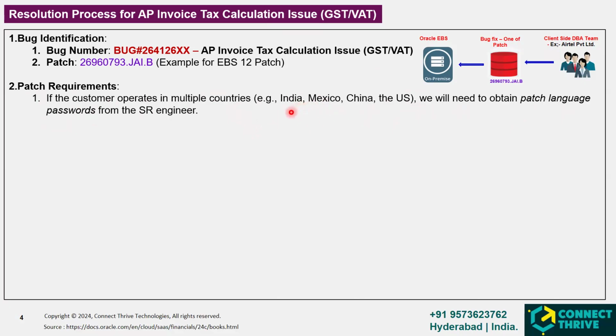In this case, for these four countries we can get four passwords for the same patch, because we have operations in different countries. Only if the issue is occurring in the different countries do we do this. Otherwise, we can apply the patch and password for the respective country.